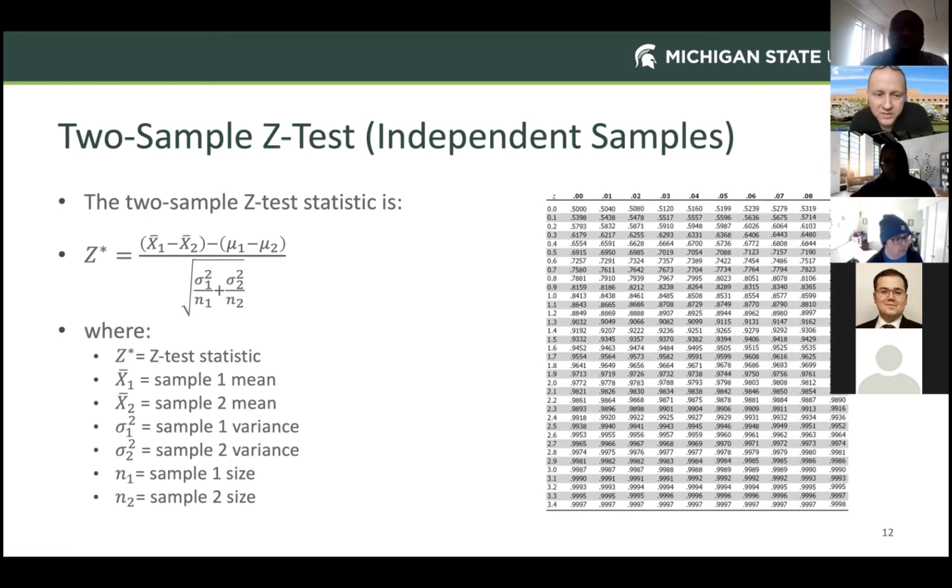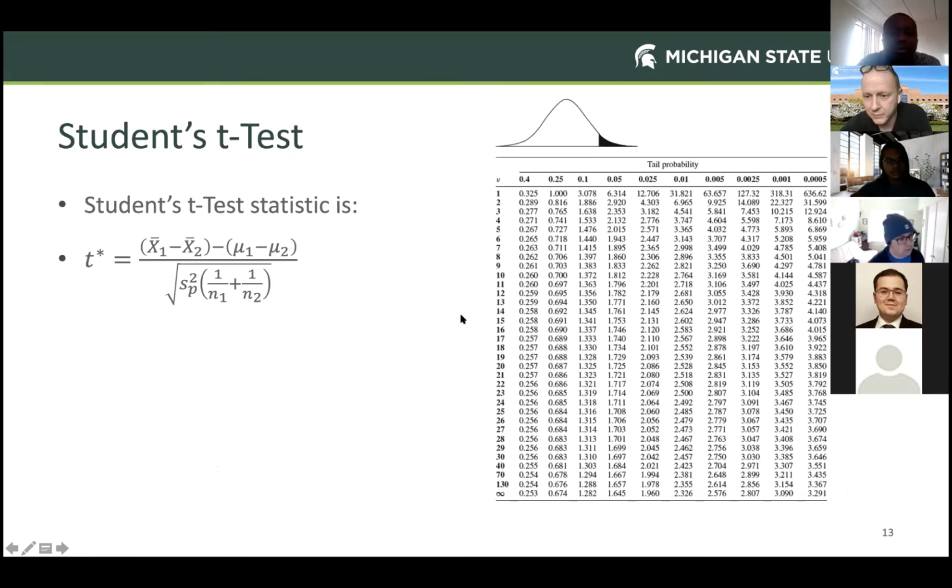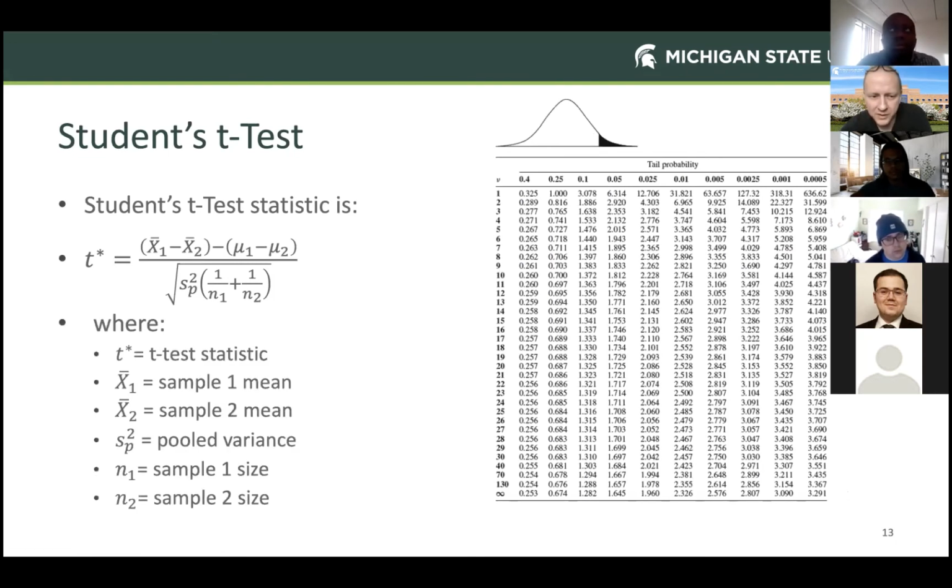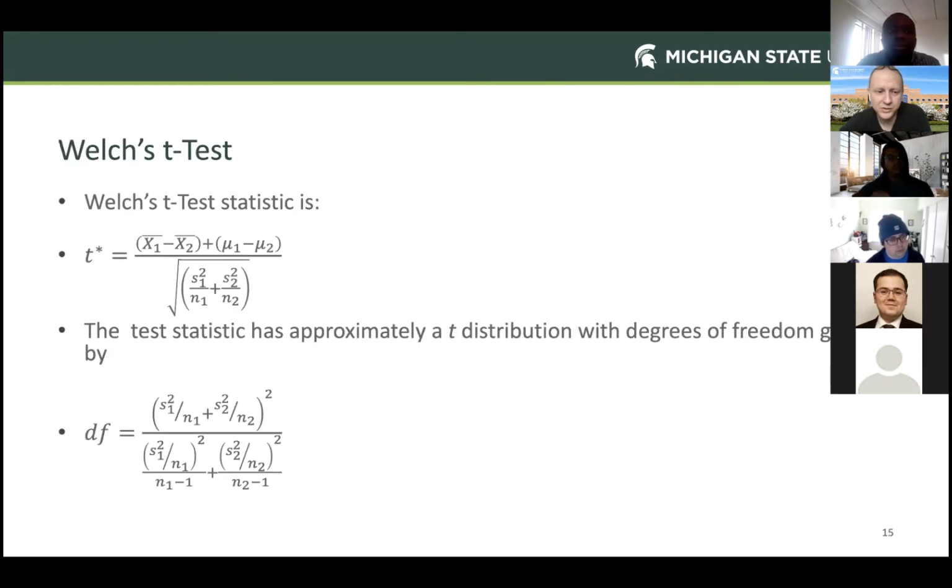So we use the z-test when our variances are known to us, which generally is not going to be the case. They're not going to be known to us. And so we would use S in the case of our t-test. So in student's case, or the most direct analogy to the preceding formula would be Welch's, where we've got S1 squared instead of sigma 1 squared, okay?